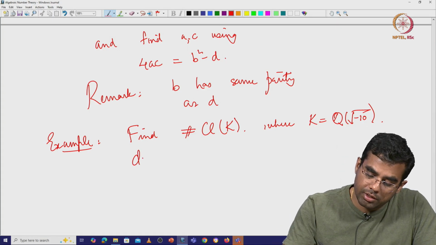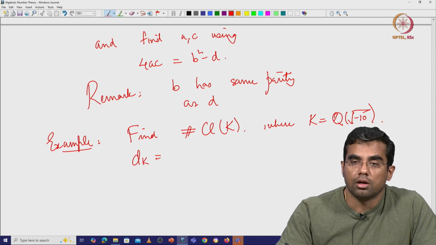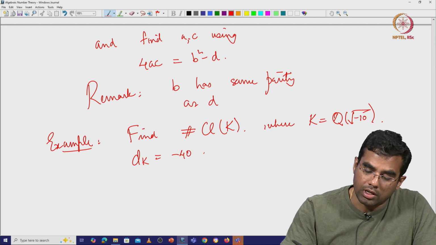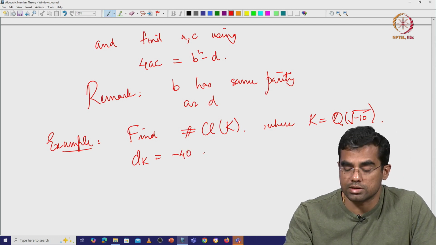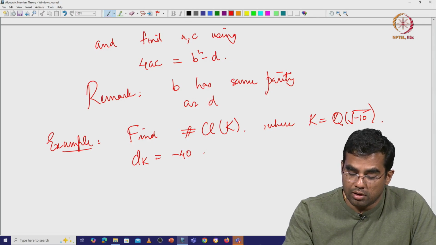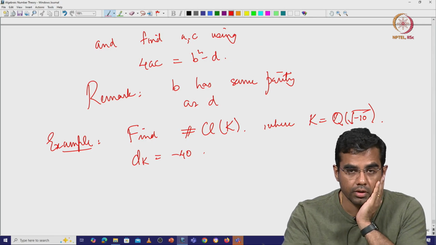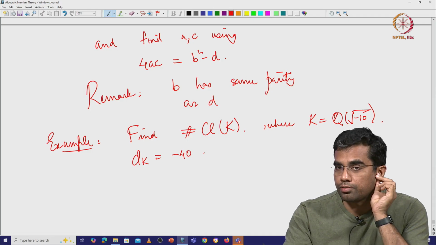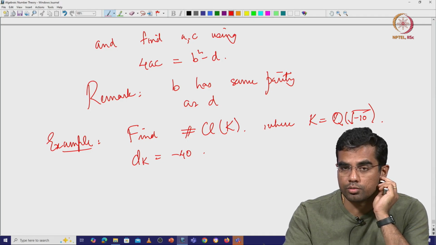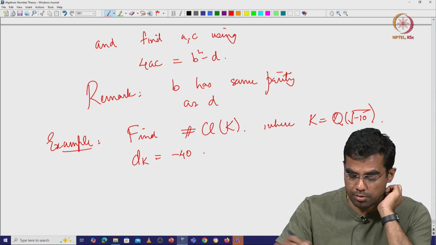What is the discriminant of k? This is minus 40, because minus 10 is 2 mod 4, and so if you are taking Q of square root of m and m is 2 mod 4, then the discriminant is 4m.